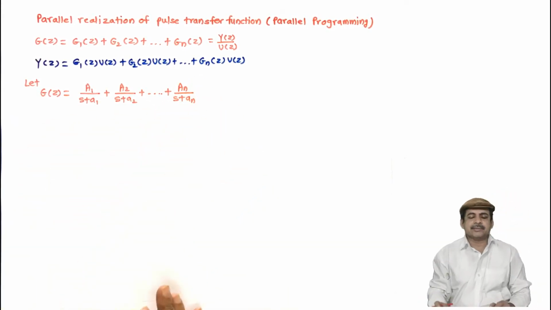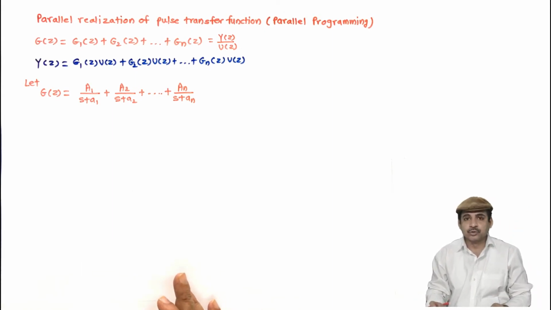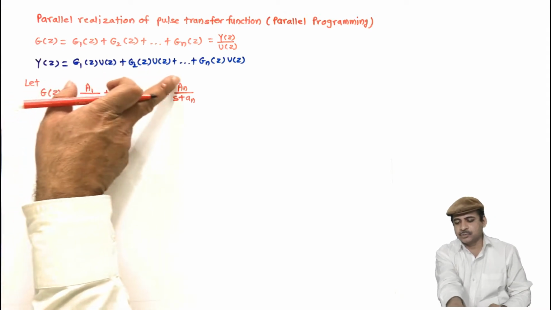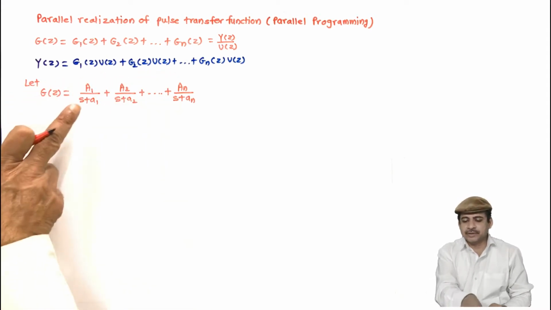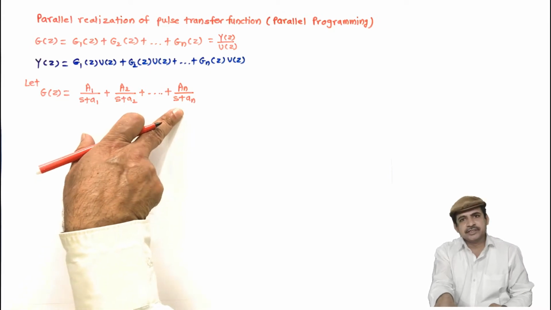So what I have done here, I have decomposed the generalized pulse transfer function into its n poles, and then the partial fractions are obtained, and they are A1, A2 up to An. Now let this be G1, let this be G2, so on up to let this be Gn.